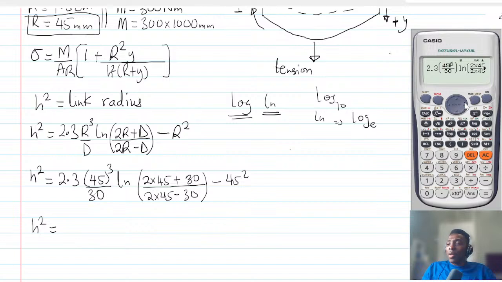So 2.3 into this ln of the radius of curvature, oh no, we are not supposed to.